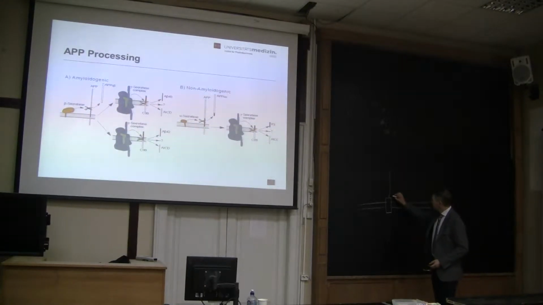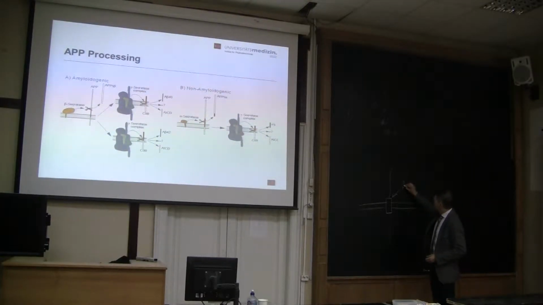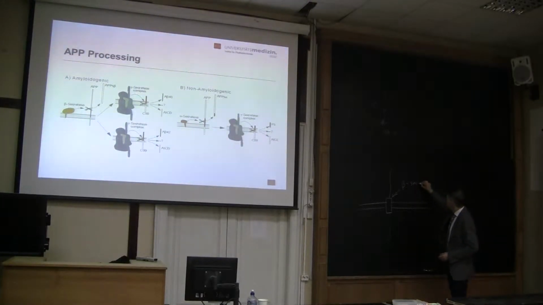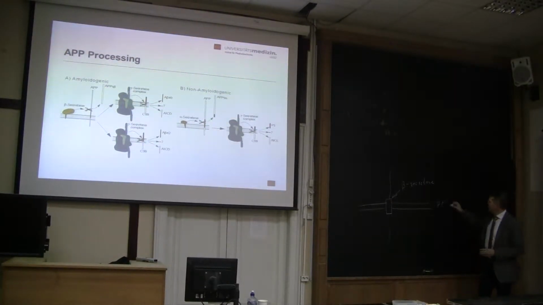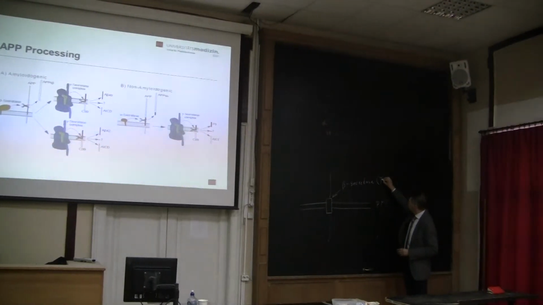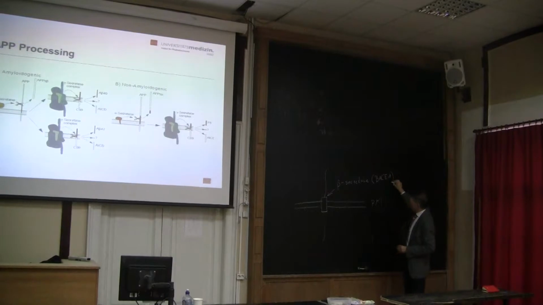What we know is, for the pathophysiological functions, the amyloidogenic pathway, that we have the so-called beta-secretase, and this enzyme was first cloned and named BACE 1.